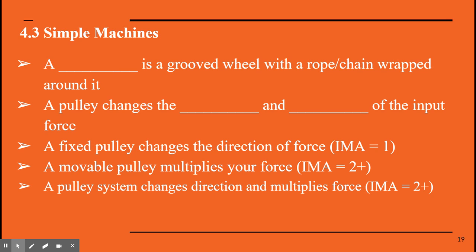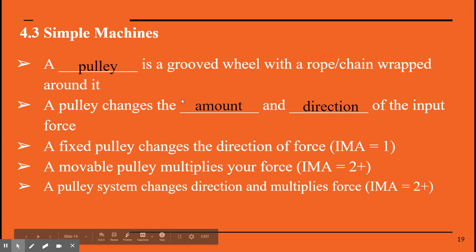Type number 6, pulleys. These are very, very useful. What do they change? They change 2 things. They change how much force gets put into it. So they may not always increase how much force you apply, but they're always going to change the direction.